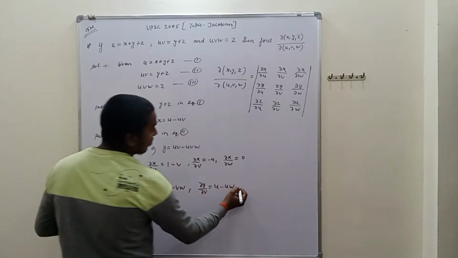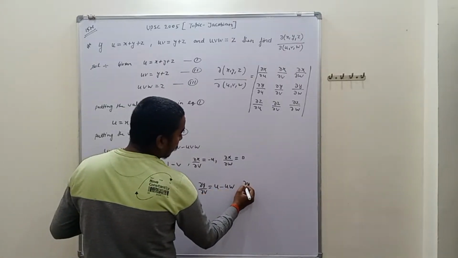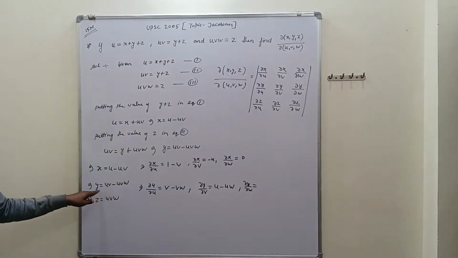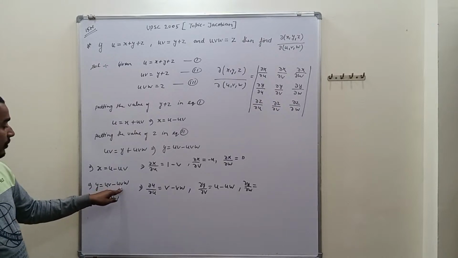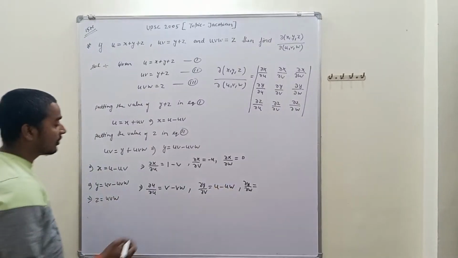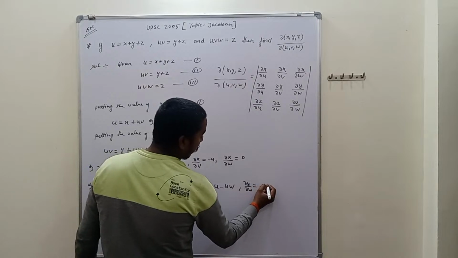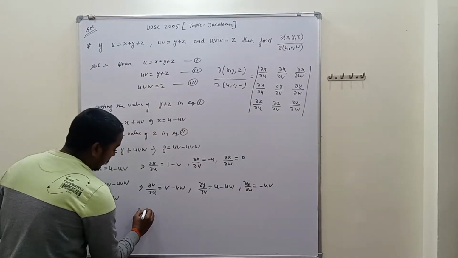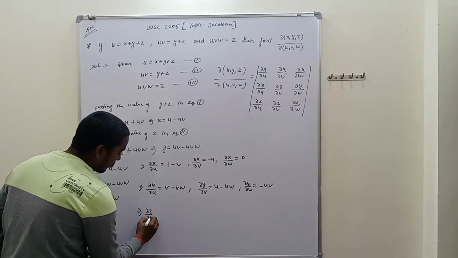Further we have to find del y upon del w. The value of y differentiated partially with respect to w: minus uvw differentiated partially with respect to w is minus uv. For the third, we have to find del z upon del u.